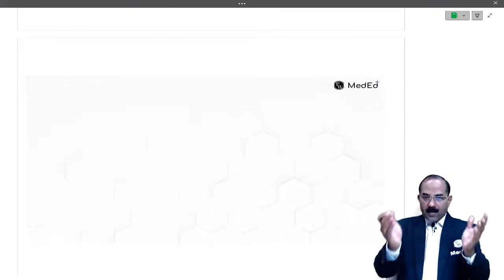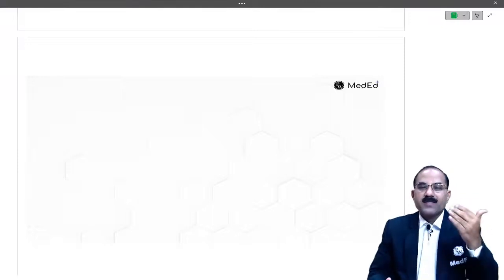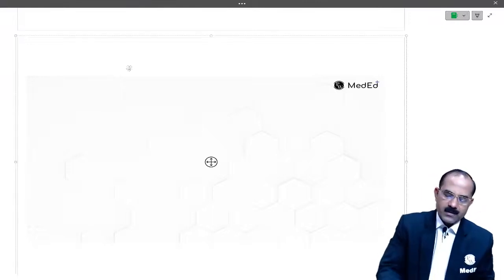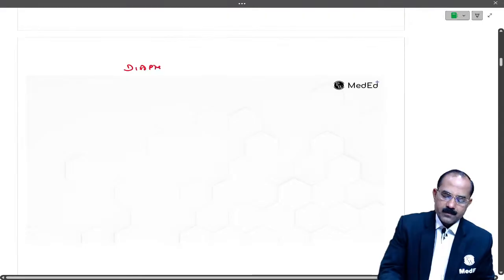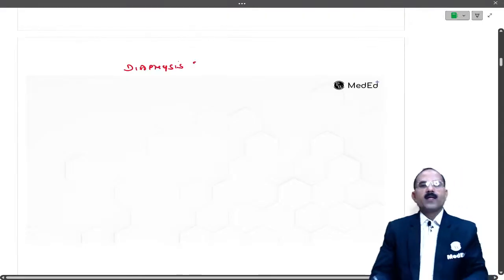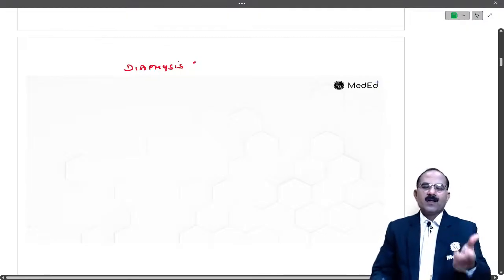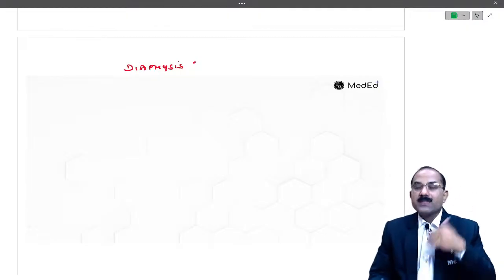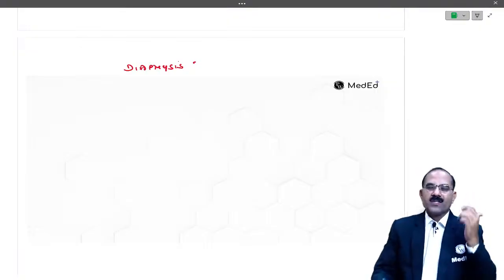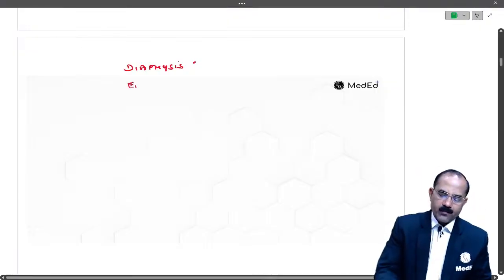Correct? And the part of the bone which develops from a primary center of ossification is known as diaphysis. The part of the bone which develops from the secondary center of ossification is known as epiphysis. Clear?